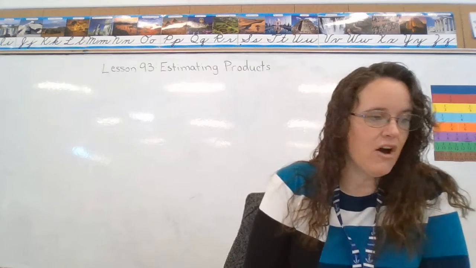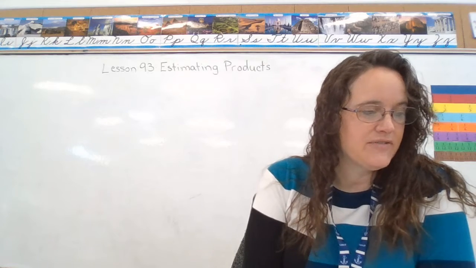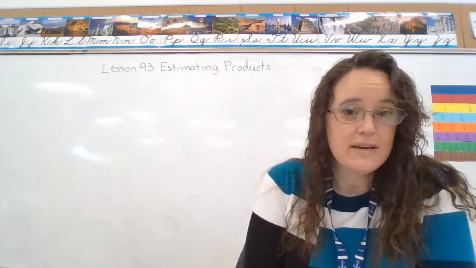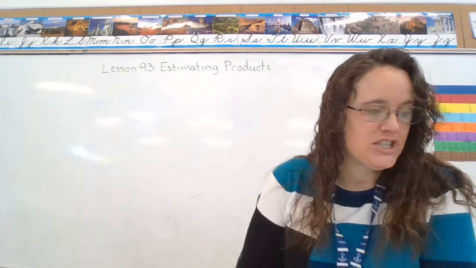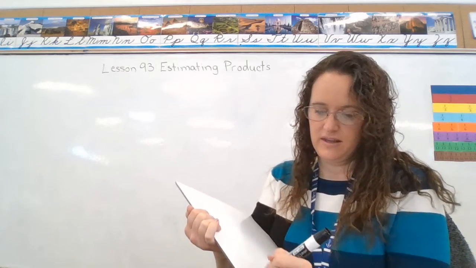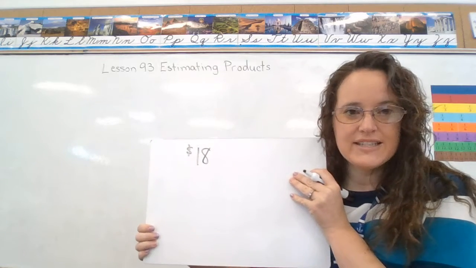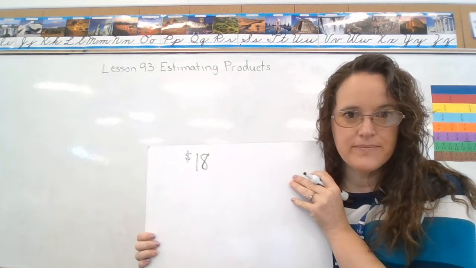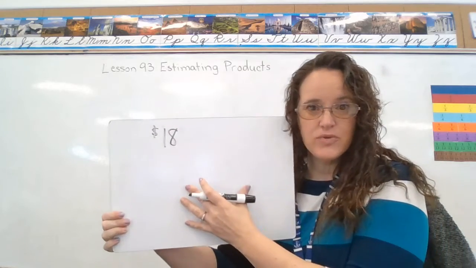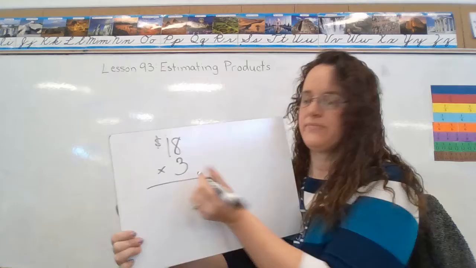So our first example says Manny and two of his friends went to the amusement park. Each ticket cost $18. About how much did the 3 tickets cost altogether? So if we were going to actually solve this, we'd need to do 18 times 3.